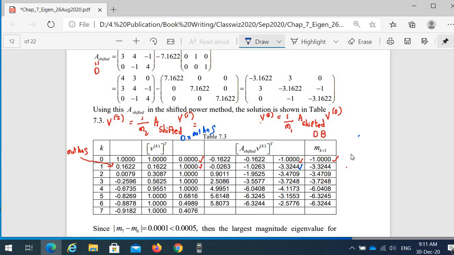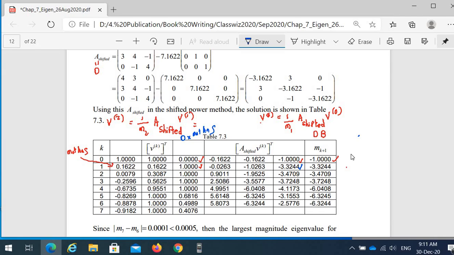When you take out M1, including the sign, to get V number 1, because A shifted V k here is kept in max answer, and max answer is only the latest memory, you take the max answer, divide by negative 1, and you get V number 1.